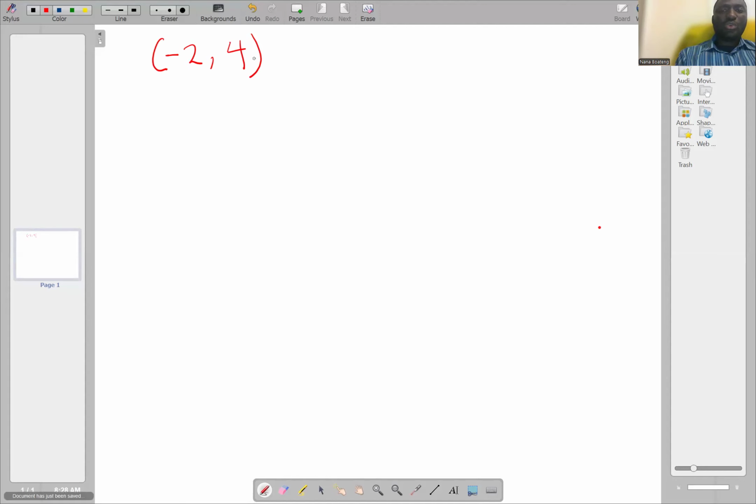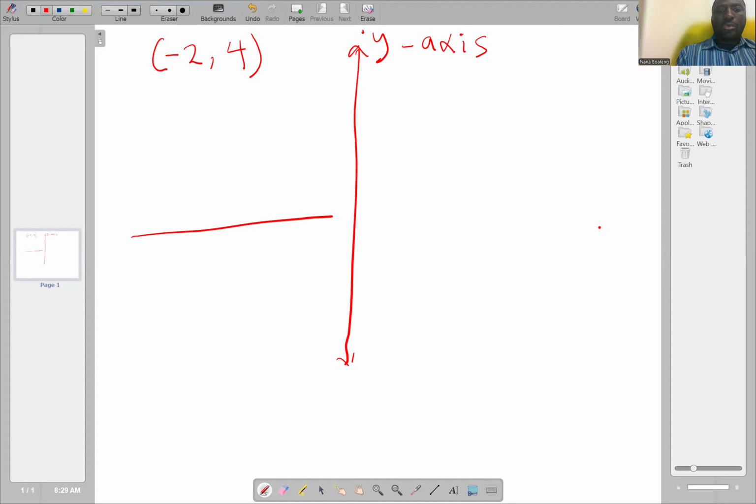So what we do is draw a rectangular coordinate system. This is the y-axis. And we draw a horizontal line, which is the x-axis.